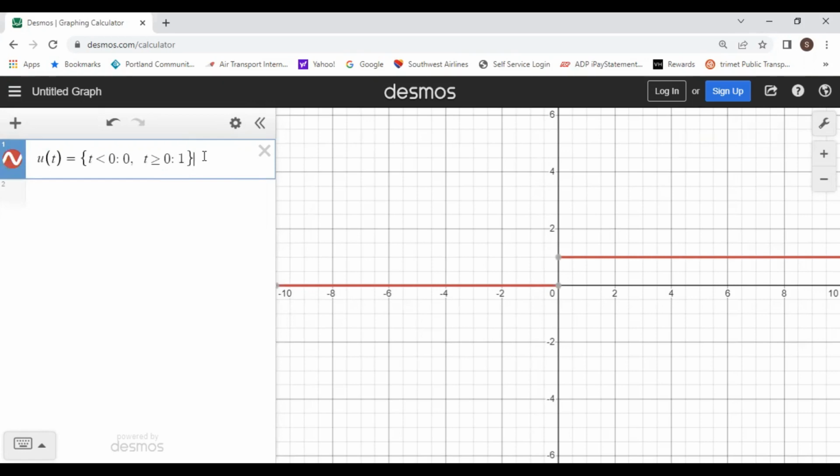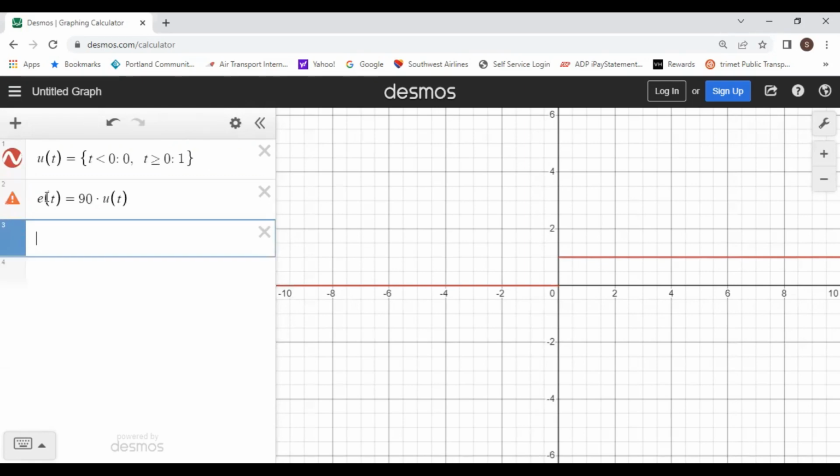All right, so first off, there was the electromotive force that we had in this problem, which was E of t equals, and here this just happens to be 90 times U of t. And I guess it's not liking that, so I'll just do capital E. So it will accept it.